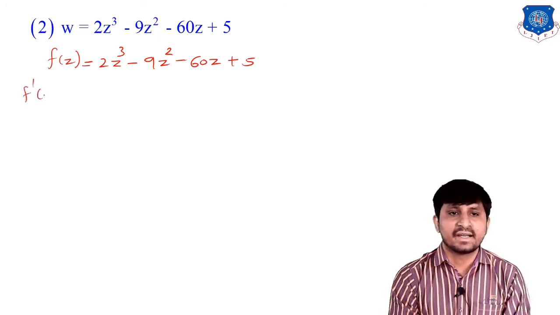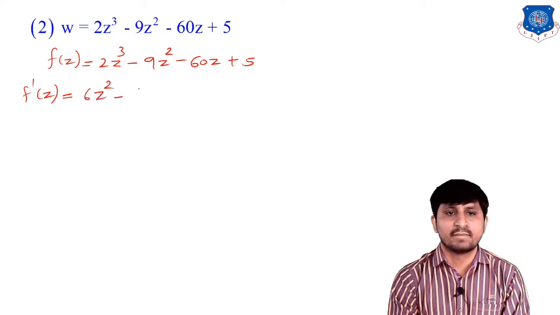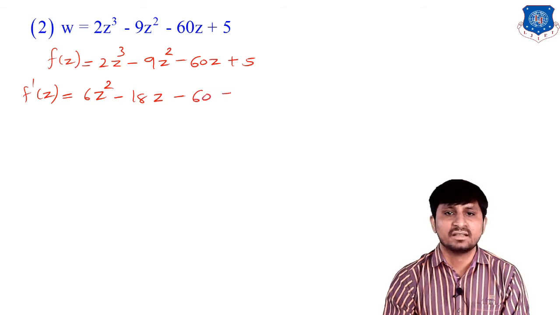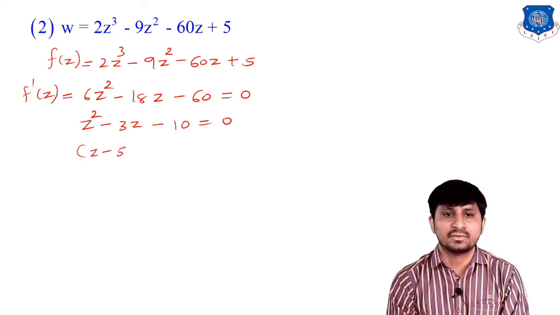So f dash z is equal to 6z square minus 18z minus 60, that is equal to 0. 6 will be common, and on the right side we already have 0. So this is z square minus 3z minus 10 equal to 0. So z minus 5 into z plus 2 equal to 0. So critical points are 5 and minus 2.